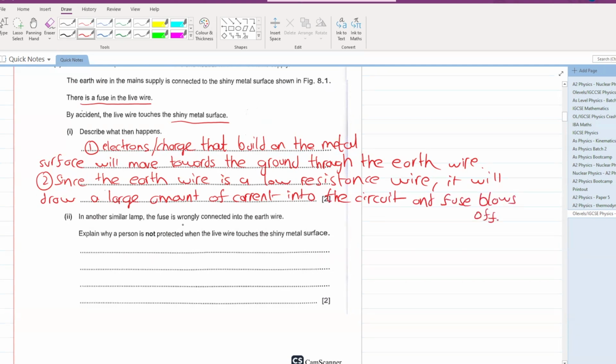Simple. In another similar lamp, the fuse is wrongly connected into the earth wire. The fuse is now connected into the earth wire.